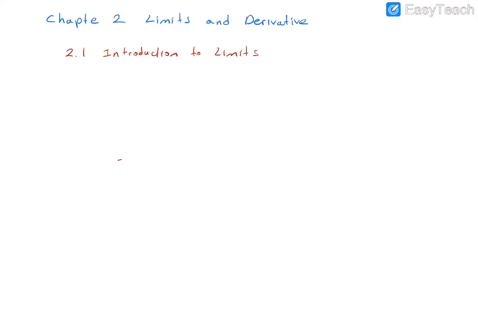In this section, we develop an intuitive and informal approach to evaluating limits. The formal approach involves more math, so for that reason, I will not give the formal definition of limit to you.